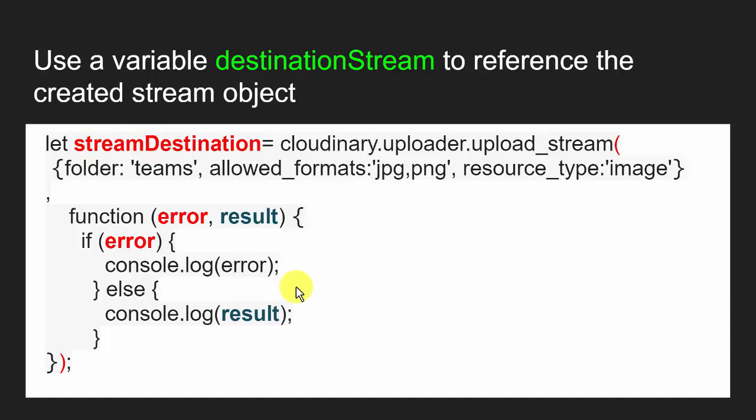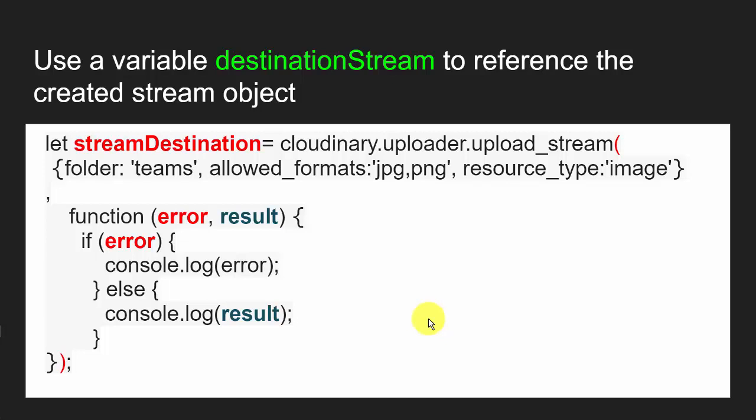The first capability is to communicate with the Cloudinary system on where the data should be written to, the themes folder, to tell Cloudinary the allowed formats for the data file content, as well as the resource type of all these file data content. At the same time, the second capability of this stream object is to get the JavaScript engine to execute the callback function.